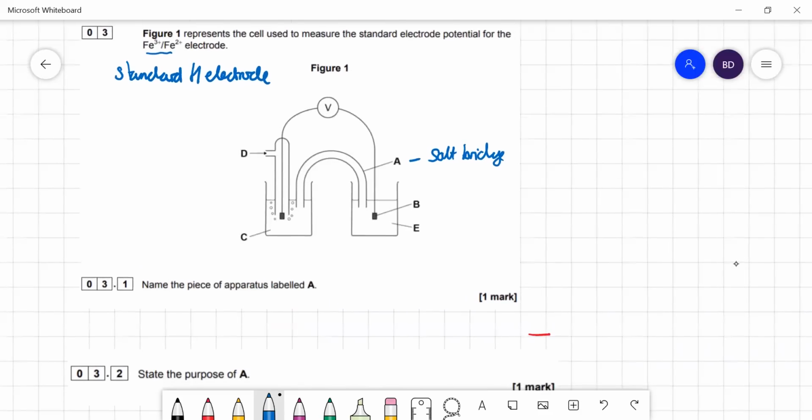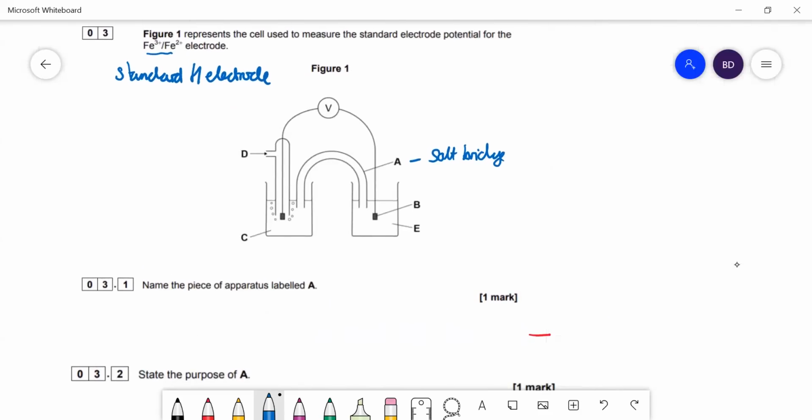Purpose of A, what's it for? It's a 1 mark question. It's to allow ions to move to complete the circuit, I would probably say. They don't want a great big long explanation there for 1 mark.